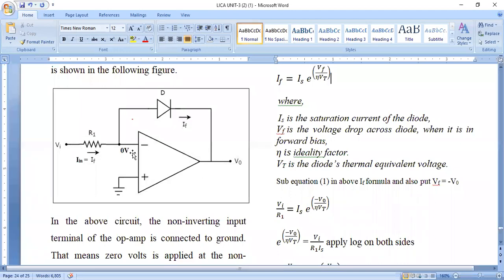Hence some additional temperature compensation has to be provided to reduce this temperature error, and an additional compensation mechanism has to be adopted.